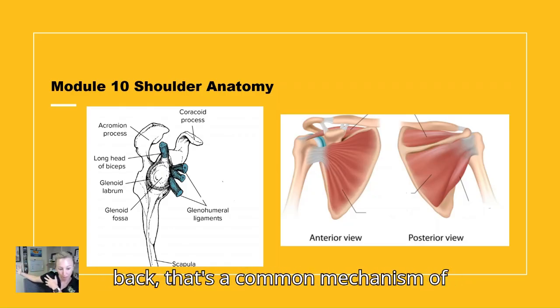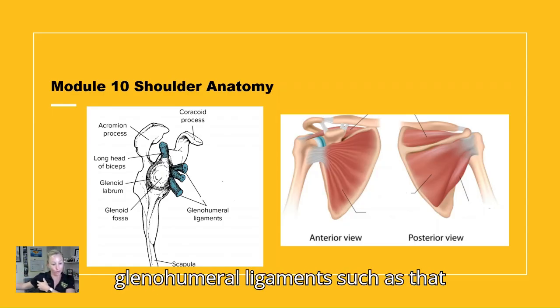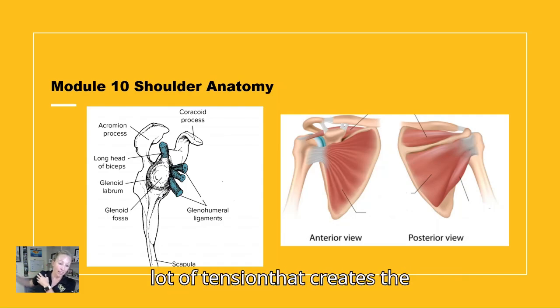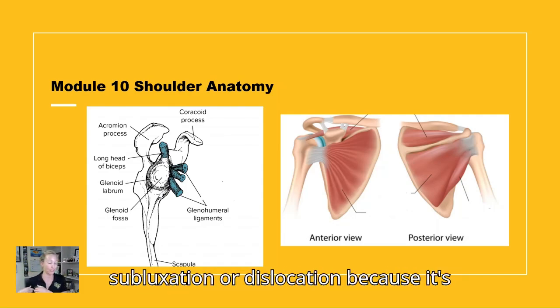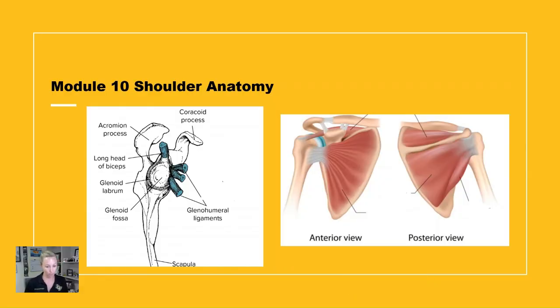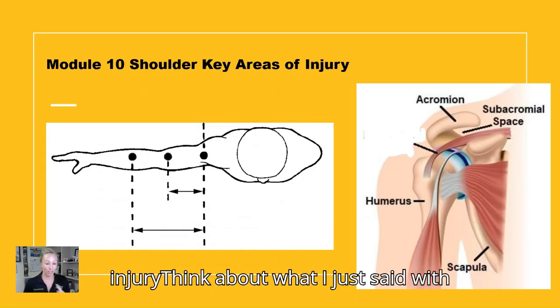That's a common mechanism of injury. There's a lot of tension on the glenohumeral ligaments, especially that inferior glenohumeral ligament, and that creates the subluxation or dislocation because it's not strong enough to withstand that force typically, and it will usually rupture.